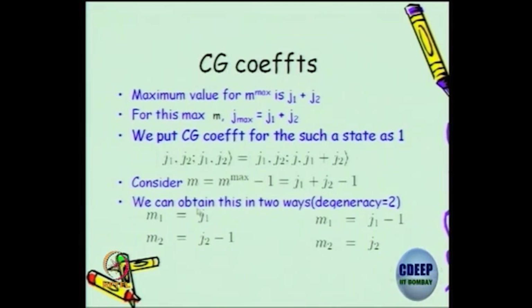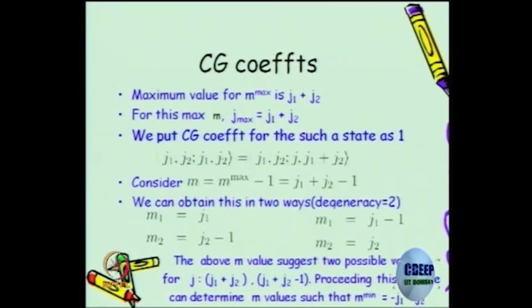There are two possibilities: M1 equal to J1, M2 equal to J2 minus 1, or another possibility, M1 is J1 minus 1 and M2 is J2. So this is a systematic way in which we can keep lowering the steps and seeing what the degeneracies are, which states can contribute.